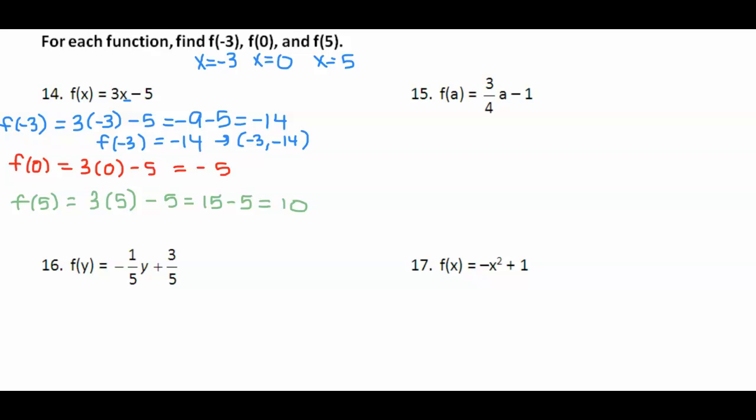So in 15, same idea. We're going to find f of -3, f of 0, and f of 5. So in that problem, everywhere you have an x, you're going to replace it with that number.